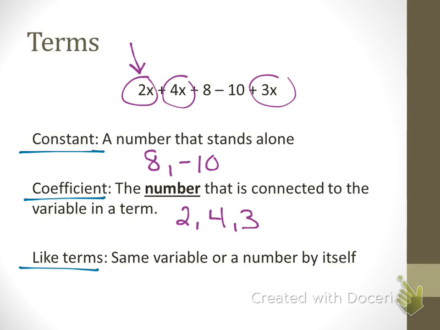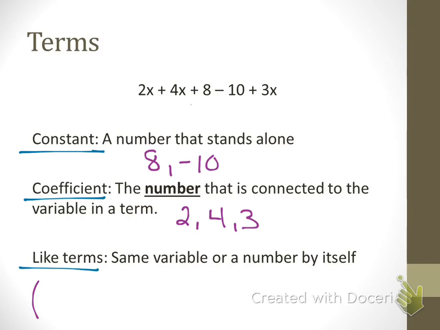Okay, that's a coefficient. Now my like terms simply either have the same variable or they're a number that stands alone. And I'm going to group them in parentheses. All right, so again, does anybody see any variables that are the same? Any terms with the same variable that I could group together?